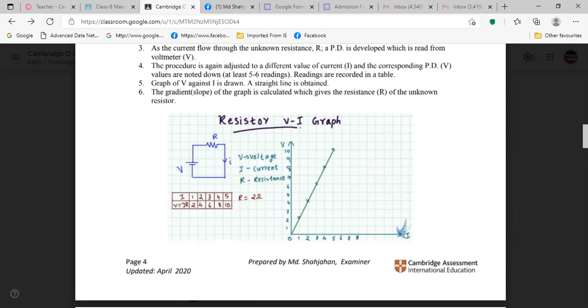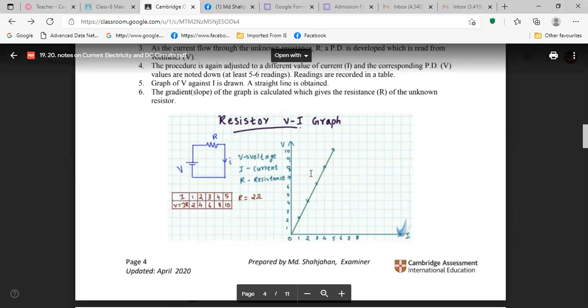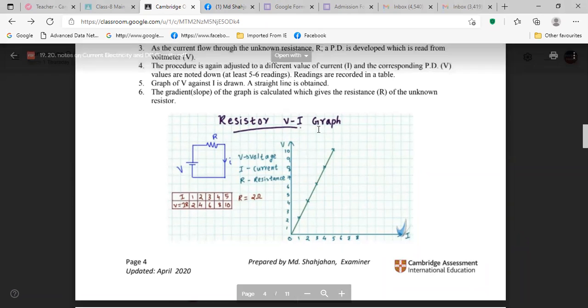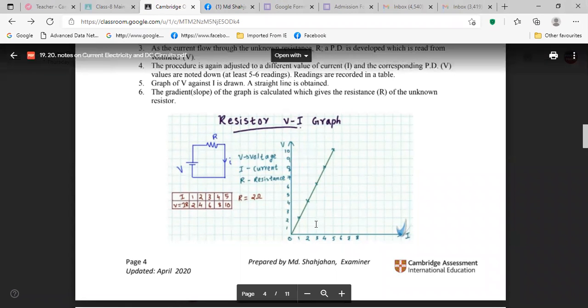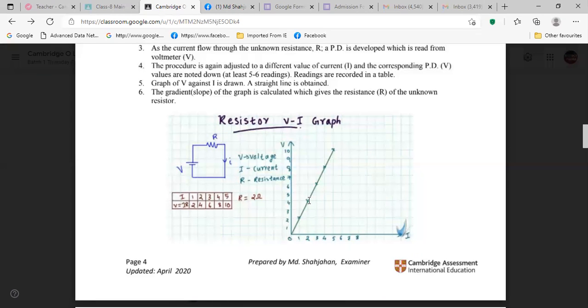This is called the VI graph. These readings are plotted on the graph. You see the first reading, second reading, 5 points are here. So we are getting one straight line over here.